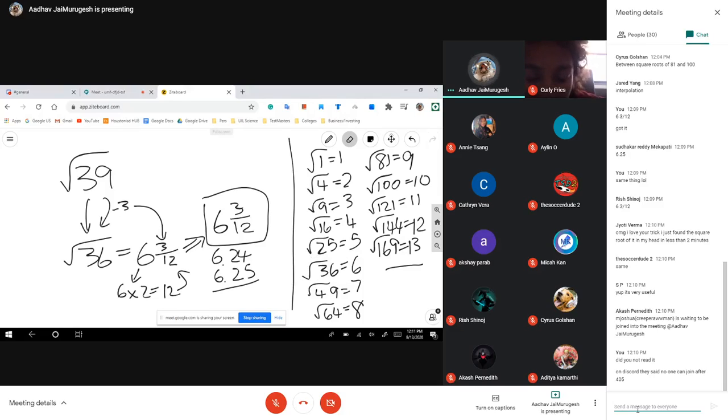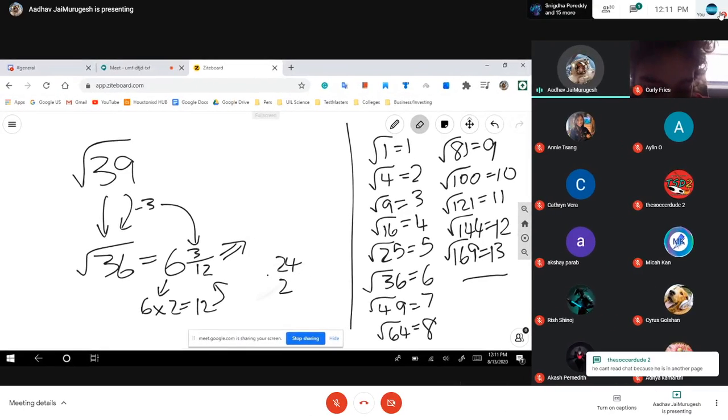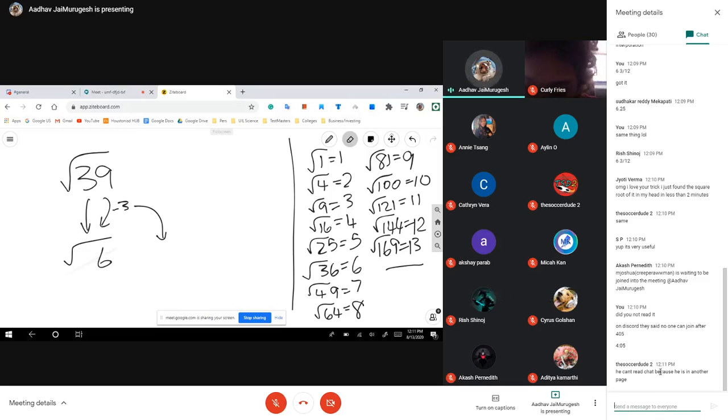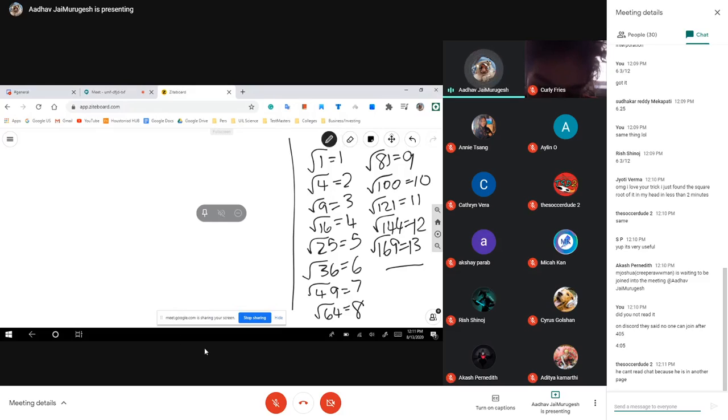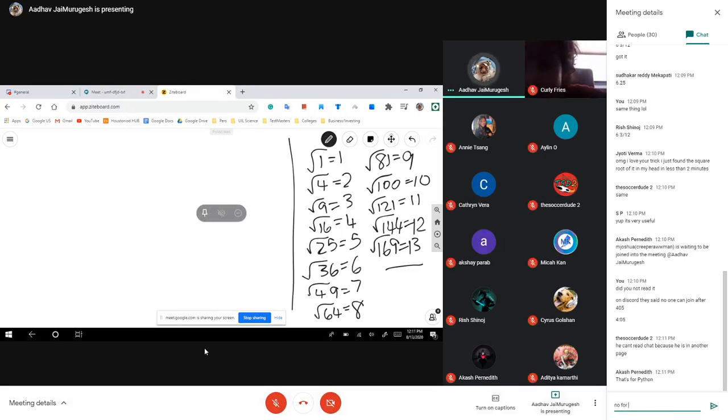So that's basically how this trick works. This trick is not 100% perfect, but it can help you at competition levels. And if you get really proficient at this, you can do it faster than a calculator. So it's worth trying.